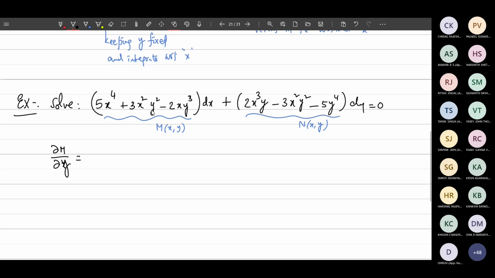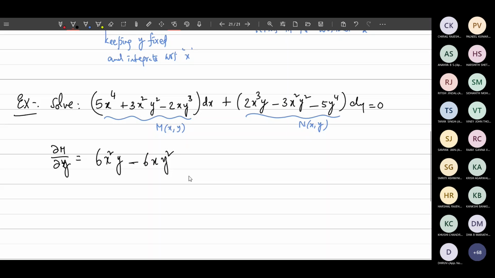And 3x^2y^2 with respect to y means 6x^2y, because y squared's derivative is 2y, 2 into 3 is 6. So 6x^2y minus 2xy^3. Here with respect to y means x is constant, therefore this is 3 into 2, 6xy^2.